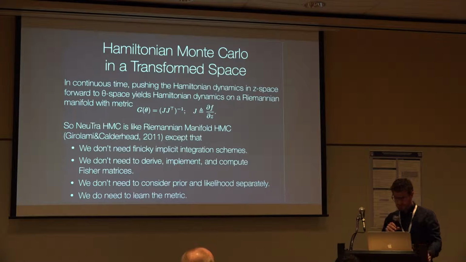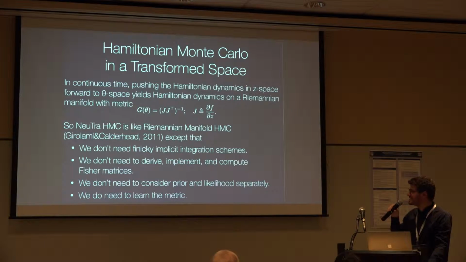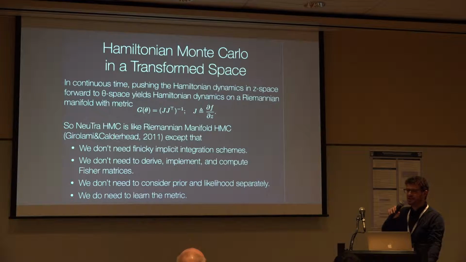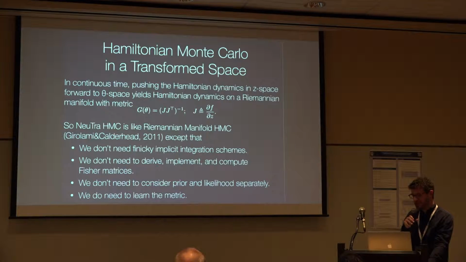One other interesting thing to note, if you're familiar with this class of methods called Riemannian manifold Hamiltonian Monte Carlo, is that doing HMC under a nonlinear change of variables is a kind of Riemannian manifold HMC.